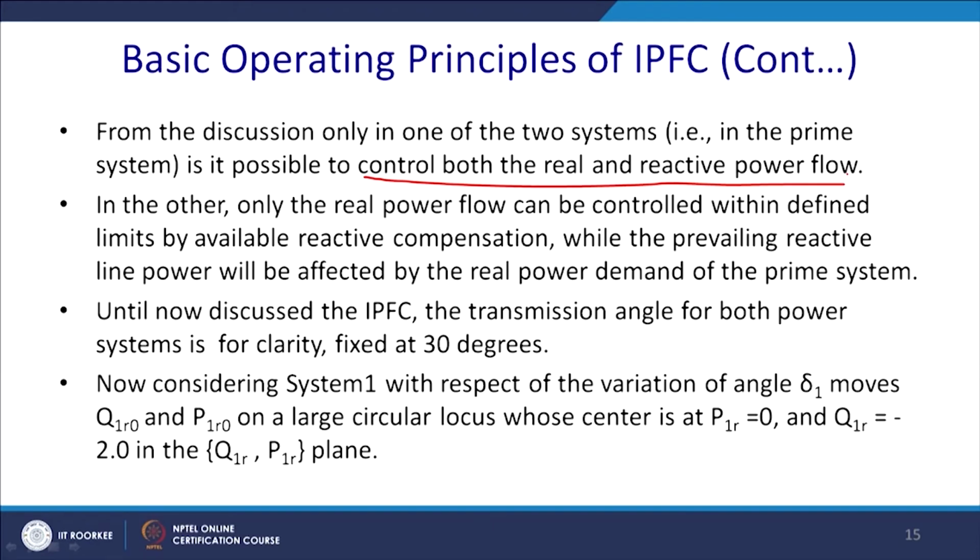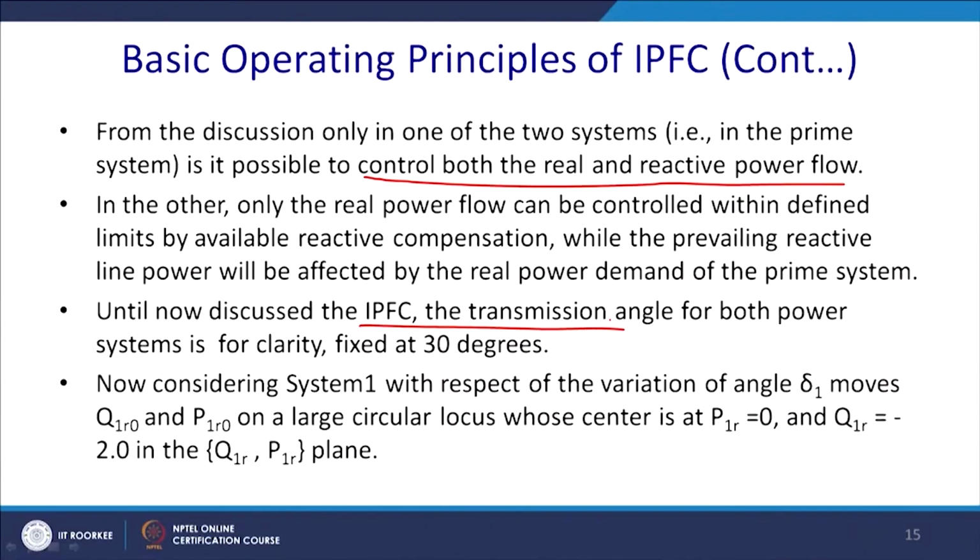On the other hand, only real power flow can be controlled within defined line limits by the available reactive power compensation, while the prevailing reactive power flow will be affected by the real power demand of the primary system. And we have seen that the chord is actually sinking as we try to supply more and more real power from one system to another system.